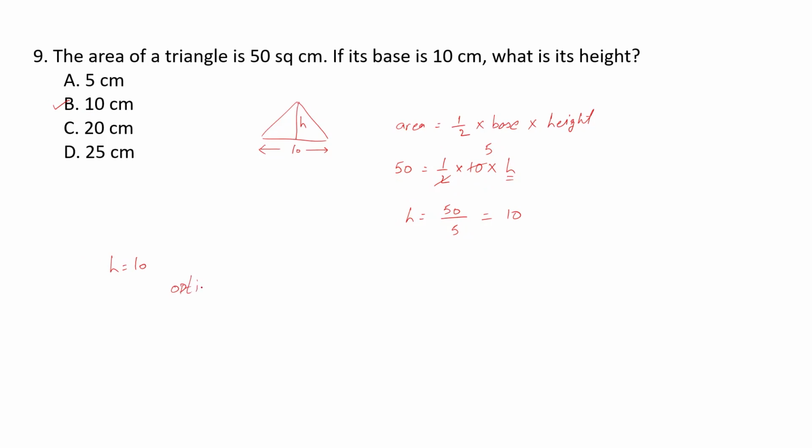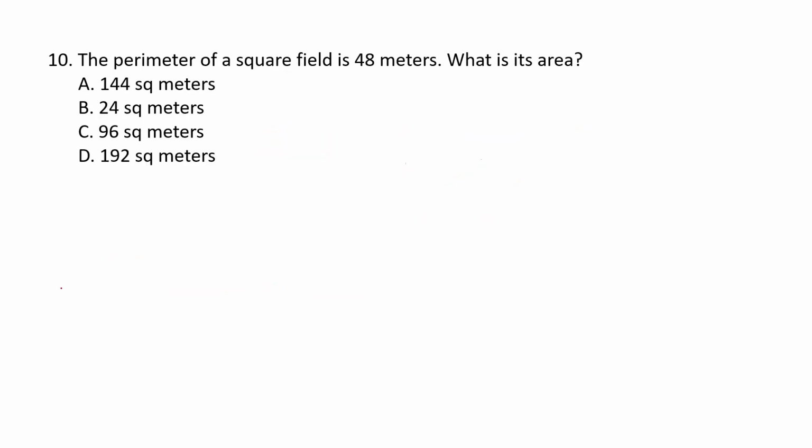So option B is correct. Next problem. The perimeter of a square field is 48 meters. What is its area? So, perimeter is given. Area you have to compute.